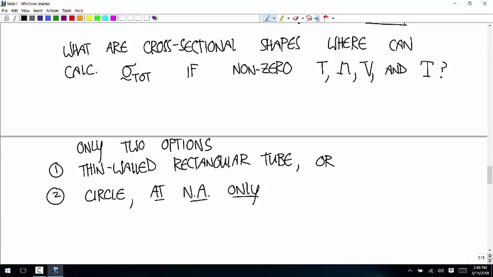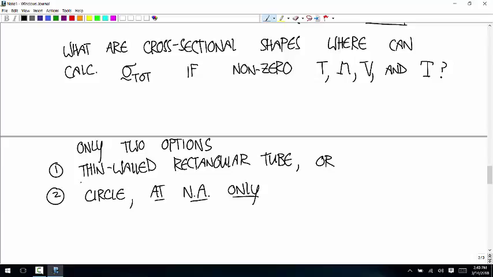Oh, those are common? Oh, well, that's good to know. I guess I didn't know that. So we can't do this with I-beams, which is too bad, because that's a pretty common thing in construction.